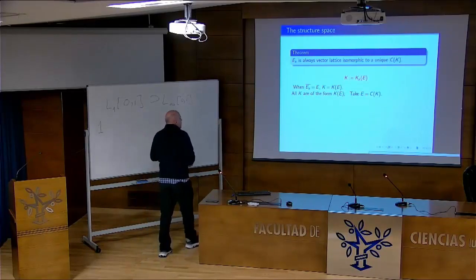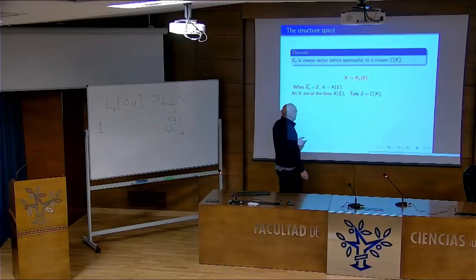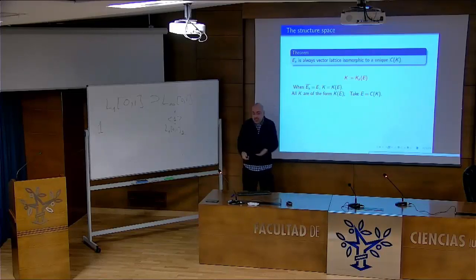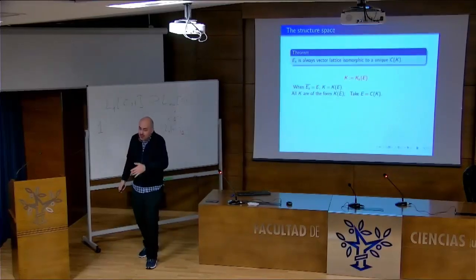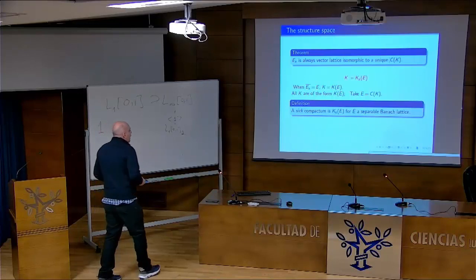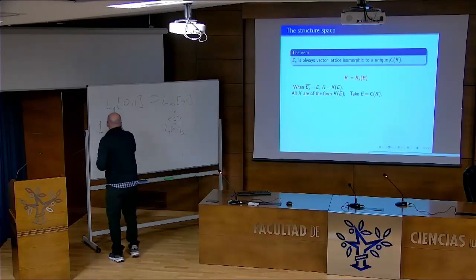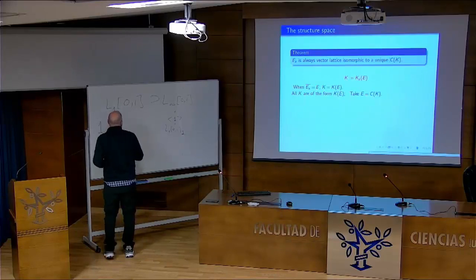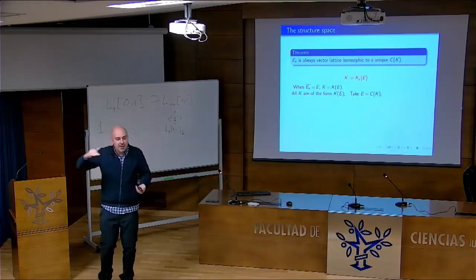And I may wonder what are those compact spaces? So the first example, the most natural one: start with a Banach lattice which is itself a C of K. What do I obtain if I start with a C of K and I take the constant one function, for instance? As I said before, what is the ideal generated by the constant one function?